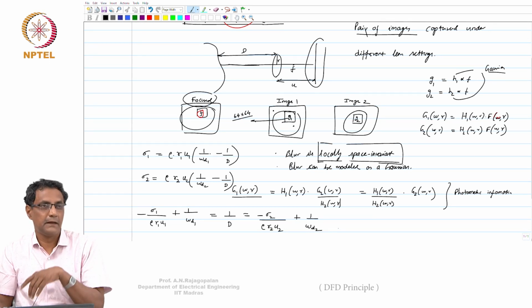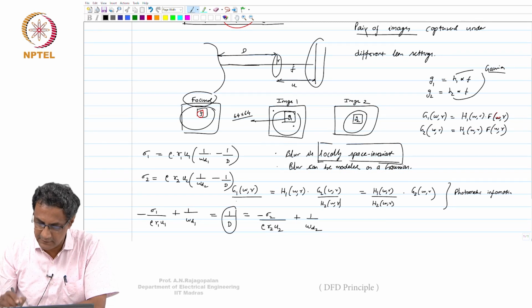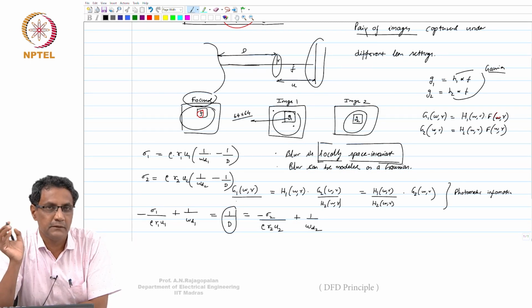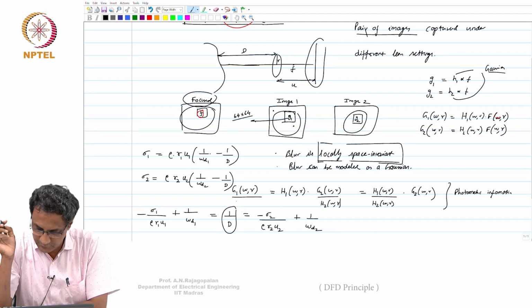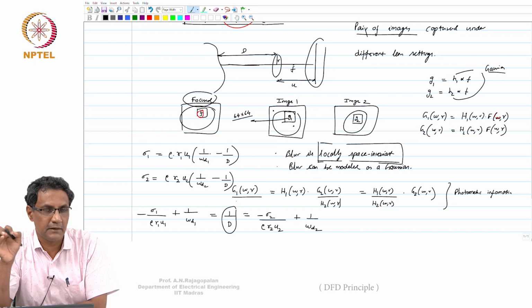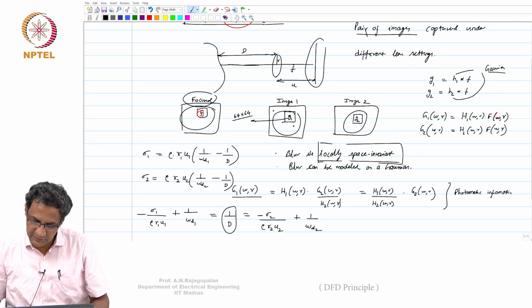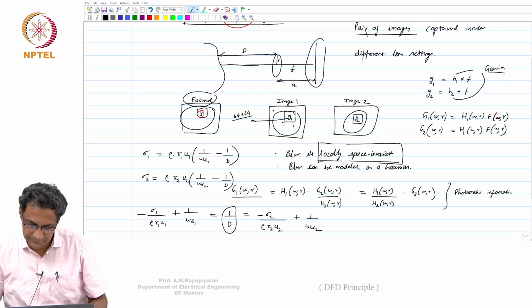The main assumption you are making is that D is the same, which is valid in this case because you have not moved the camera. So for that point, only the amount of blur it suffers on the image is changing, but the point itself is still the same in the scene.